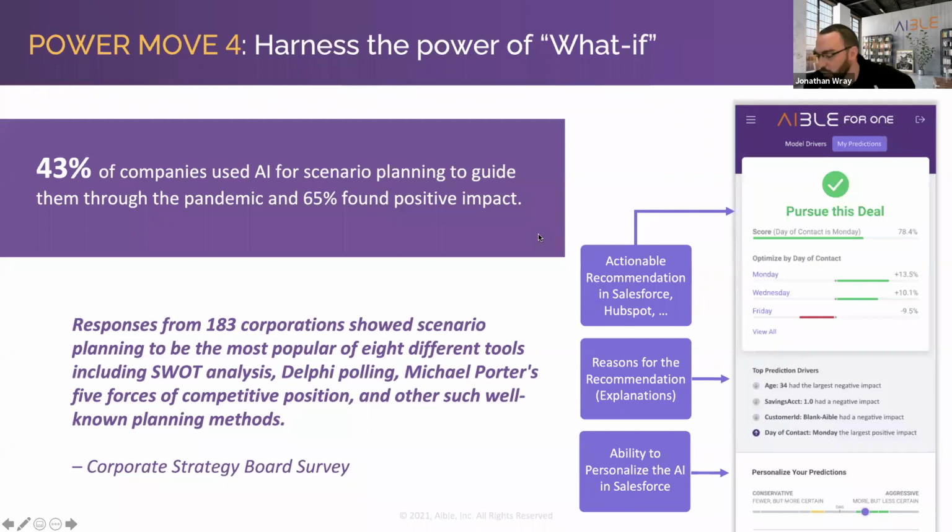And when it comes down to it, I said you don't have to feel bad if you're still in the heavy lift phase, if you're still getting your analytics going. But you may have to worry about it a few years down the road, because we're getting to the point where 43% of companies are using artificial intelligence for at least helping them with their scenario planning.